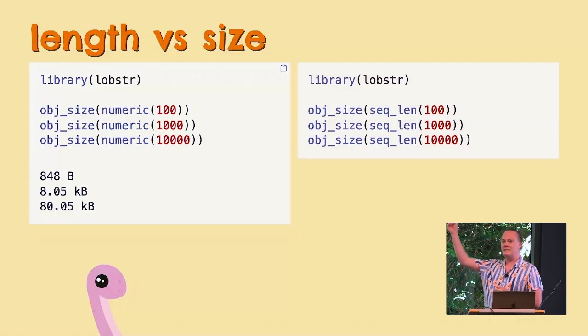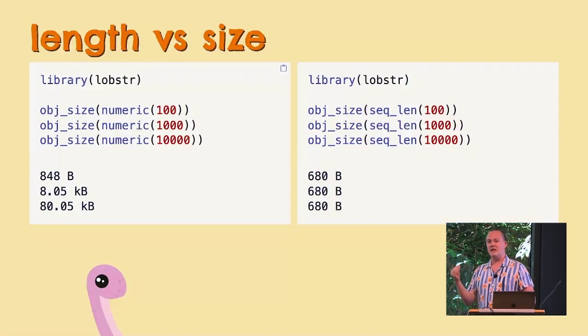But if we're now making a sequence of the same lengths as before, and we're increasing them, they always take up the same amount of memory, regardless of how long you're making it. So you could make one sequence that's so large that it actually wouldn't fit in memory on your computer, and it would still only take 680 bytes.